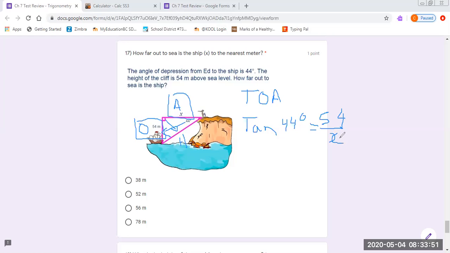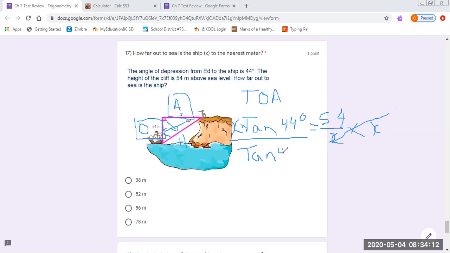And so to get x by itself, what we need to do is multiply both sides by x. So this is going to cancel out this x here. I'm going to have 54 on this side. But then to get x by itself here, I still have to divide both sides by tan of 44.